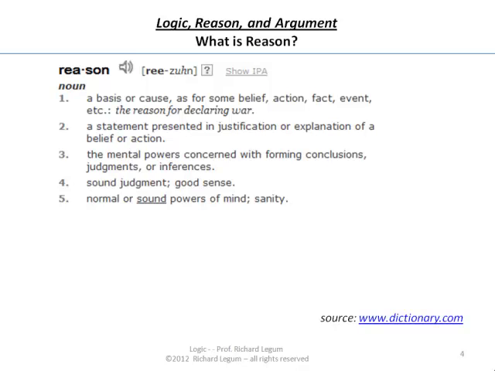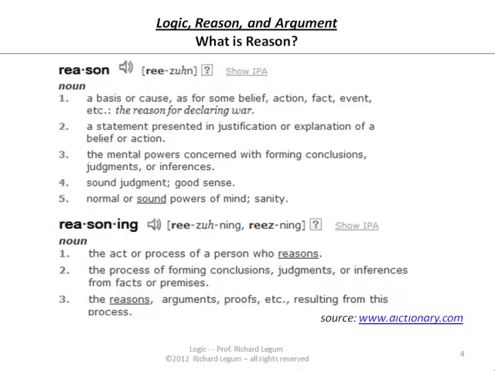If you have these kinds of mental powers, you have reason in the fourth sense that dictionary.com gives, that is, you have sound judgment, you have good sense. And the fifth definition is very closely related: normal or sound powers of mind, that is, reasoning in the proper way. It's a sign of sanity, that is, that you're not crazy.